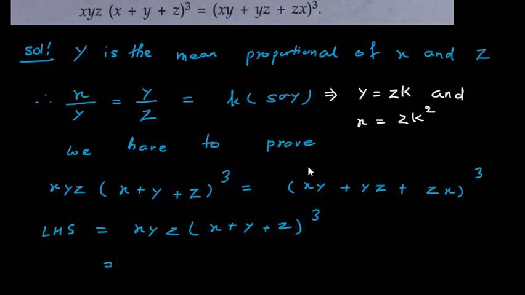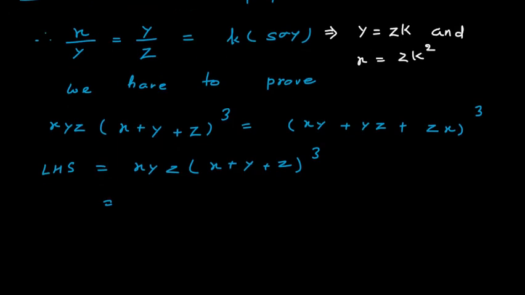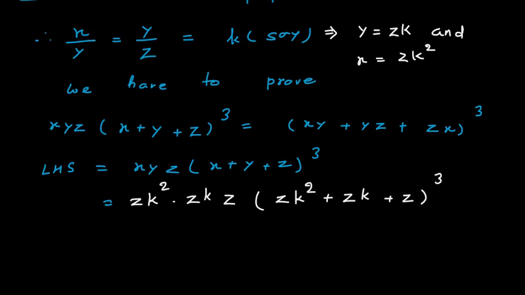So I can express y and x in terms of z, and z is already in terms of z only. So x is zk square, y is zk, z remains as it is, and this is the whole cube.